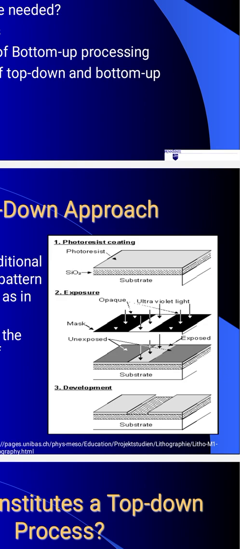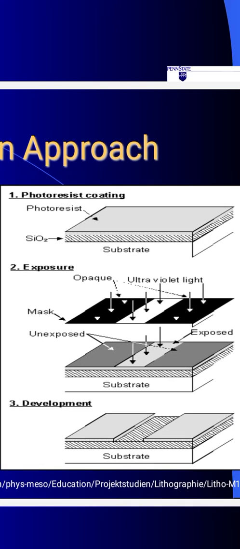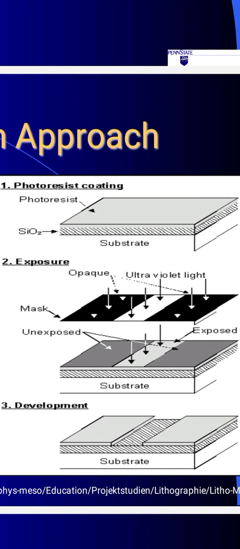And this mask will have the structure which we need to make on the substrate. So here you can see a line, the opaque region and the transparent region, and it shows a line structure.